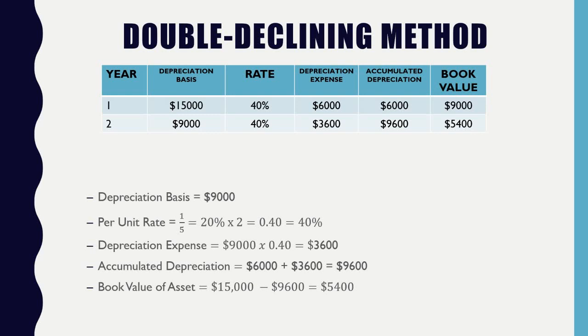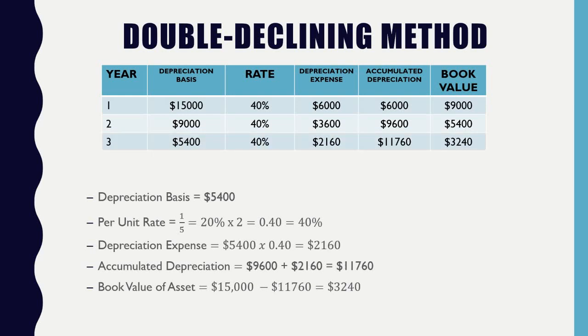The book value is going to be your asset cost of $15,000 minus 9,600. Your answer is going to be 5,400. Okay? And then you're going to repeat that with year number 3, carry it over to year 3, and then take 40% of that, and so on and so forth.